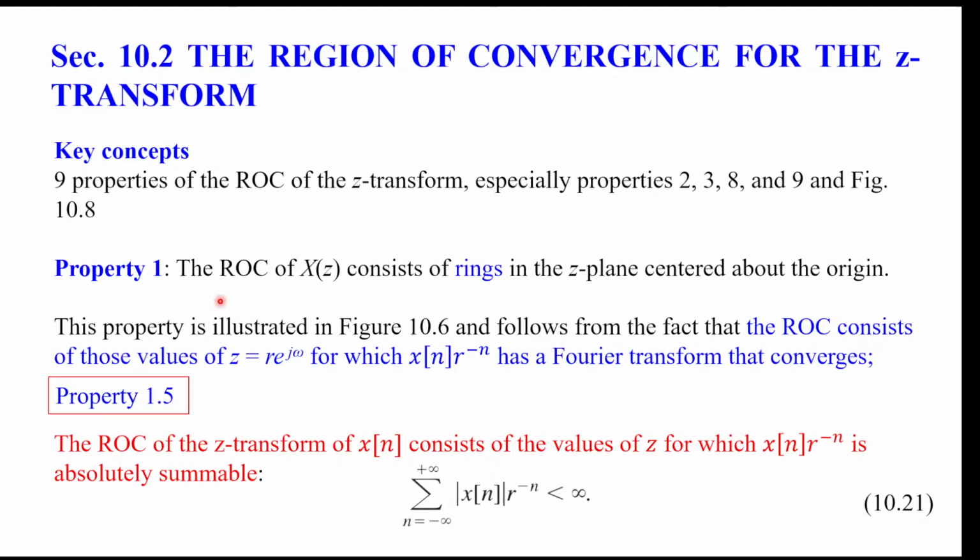We start with the first property, which says that the ROC of our Z transform consists of rings in the Z plane. We also have property 1.5, which says that a ring is inside the ROC if and only if x[n] times r to the minus n is absolutely summable. So basically, this thing has a Fourier transform.